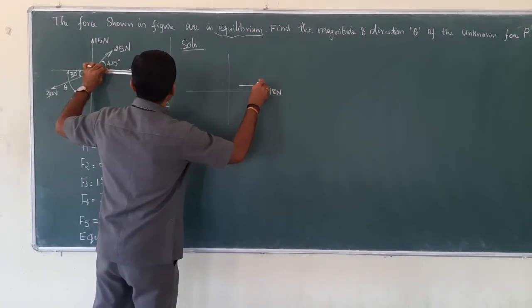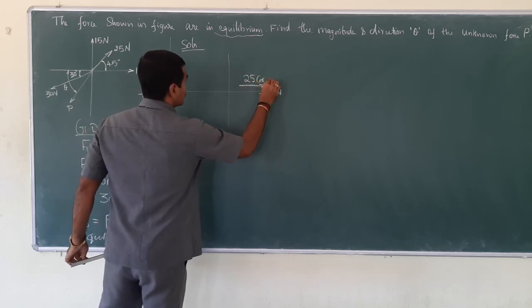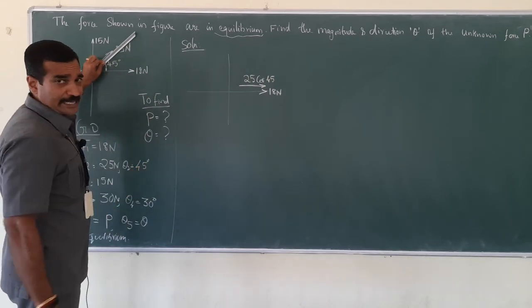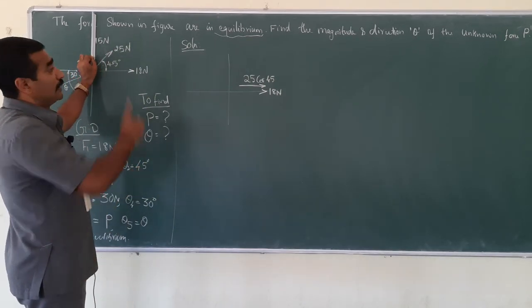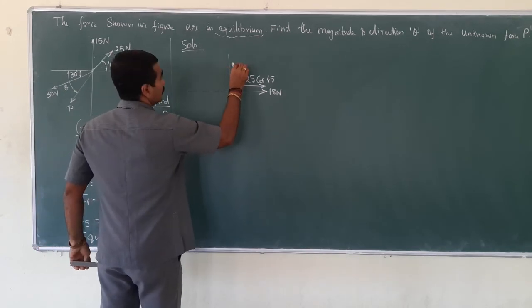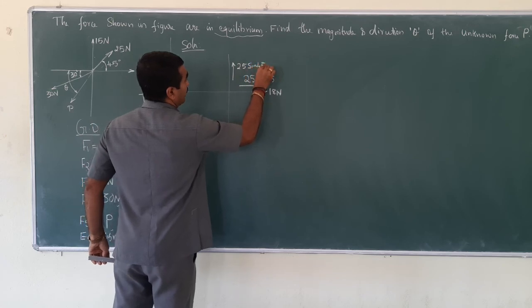Therefore, this can be written as 25 cos 45, and its vertical component, upwards, can be written as 25 sin 45.